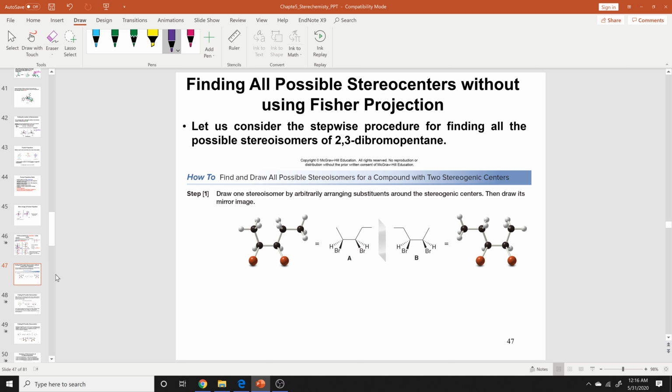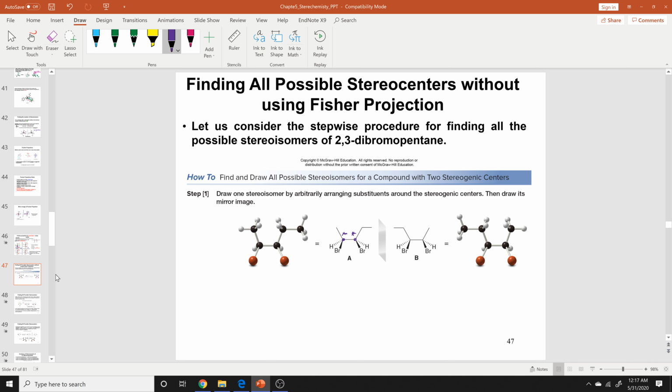Now, let's say, for example, if you have a compound, as I said, with two chiral centers, it's so easy to draw the Fischer projection to figure out the number of stereoisomers and the configuration. But let's say, as in some of your problems, they're not using the Fischer projection.